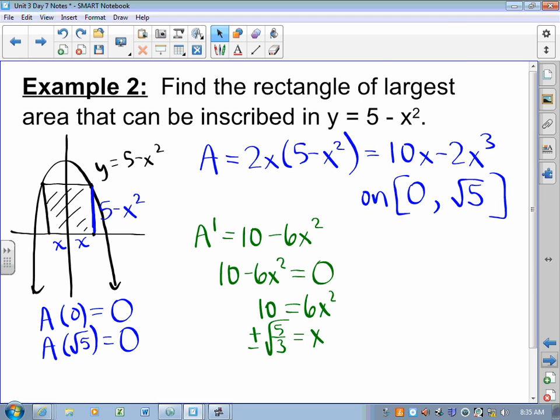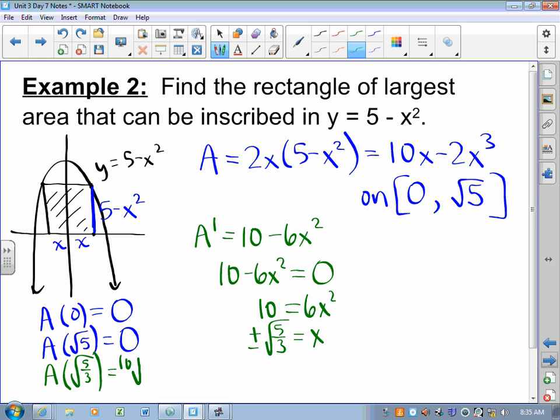If x is plus or minus radical 5/3, well, really we need plus. Let's see, that area would be 10 radical 5/3 minus 10/3 radical 5/3, which is 20/3 radical 5/3.